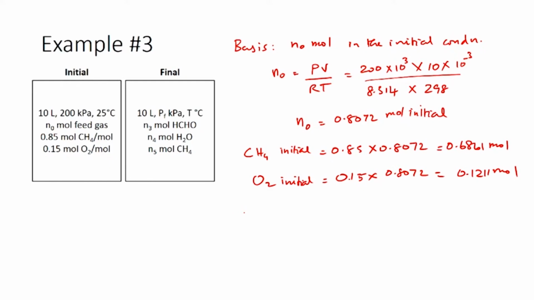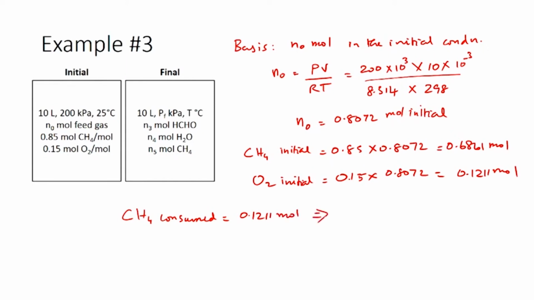Now we need to identify how much methane is consumed. We know all of oxygen is consumed, so 0.1211 moles of oxygen was consumed. According to stoichiometry, for every mole of oxygen consumed, 1 mole of methane should also be consumed. So, methane consumed would be equal to 0.1211 moles.